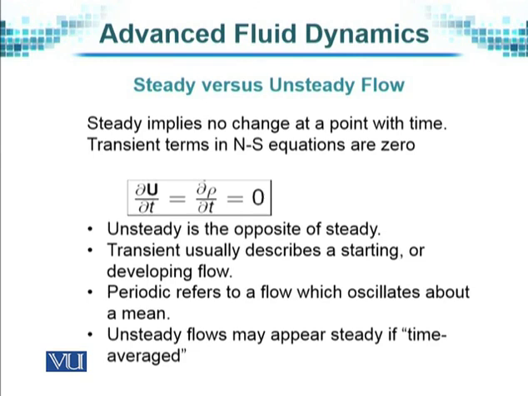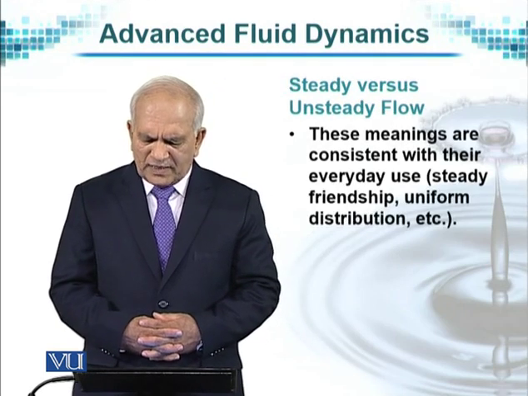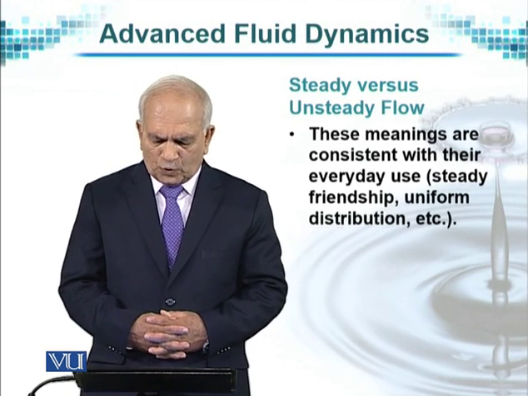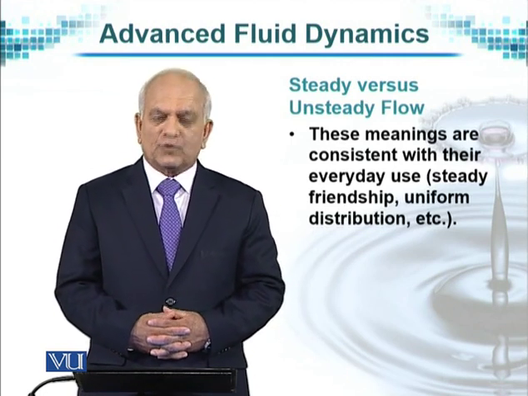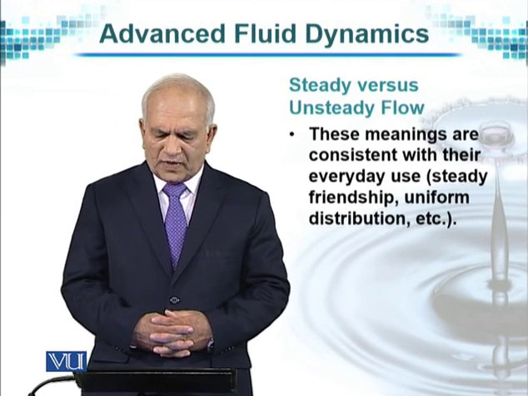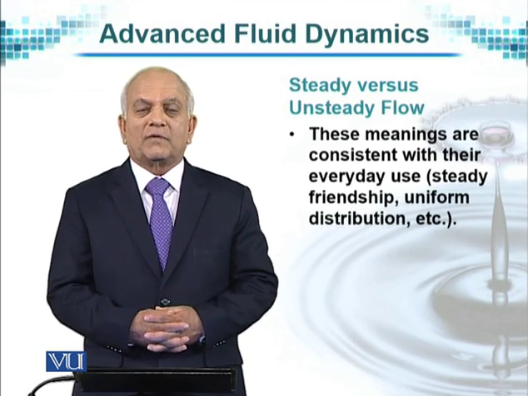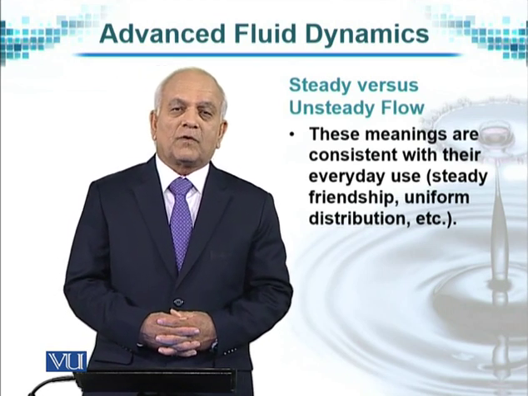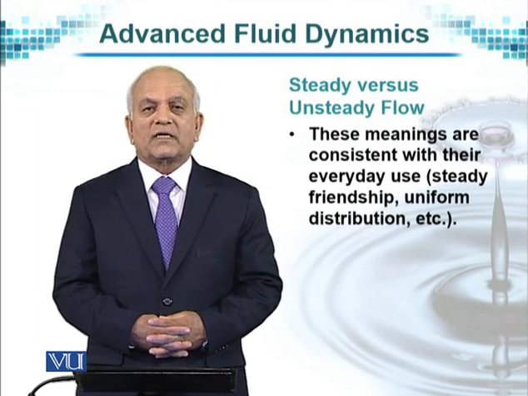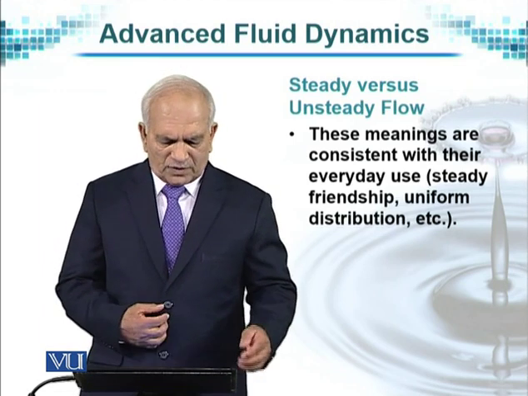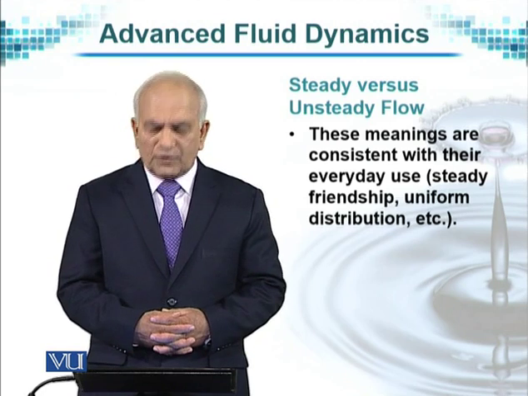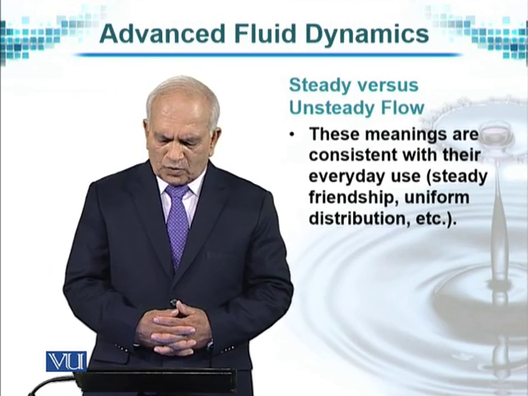Unsteady flow may appear steady if it is time averaged, as I have shown you in the picture that we saw a little earlier and we will see again. These meanings are consistent with their everyday use. For example, we use the terminology steady friendship, uniform distribution, like uniform distribution of electricity, uniform distribution of water over the country, uniform distribution of wealth, and so on.